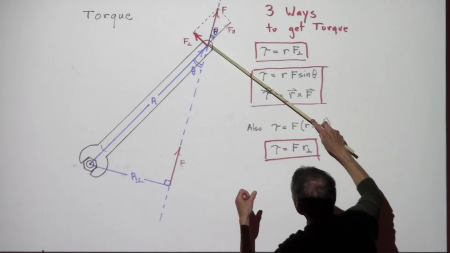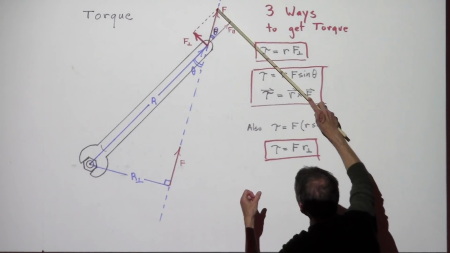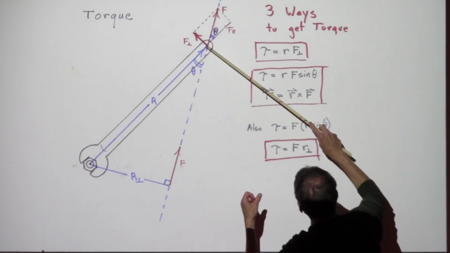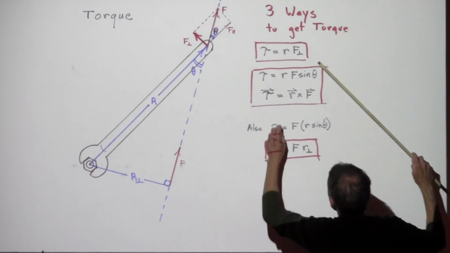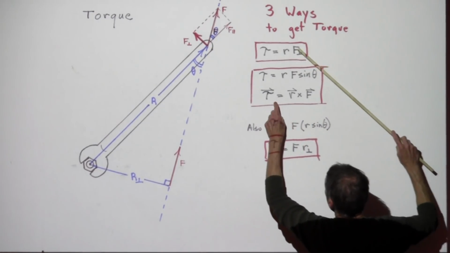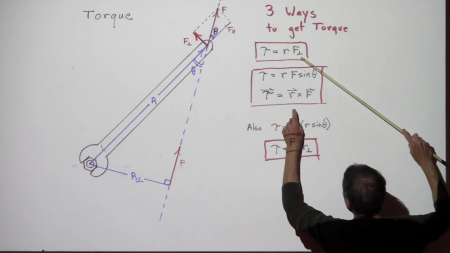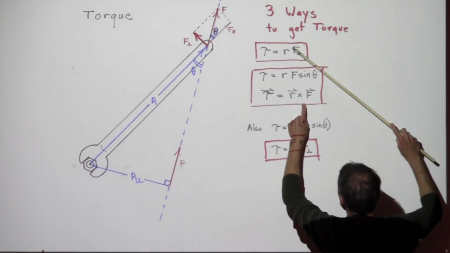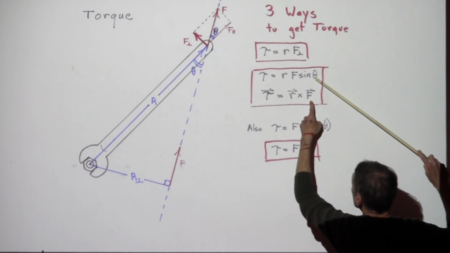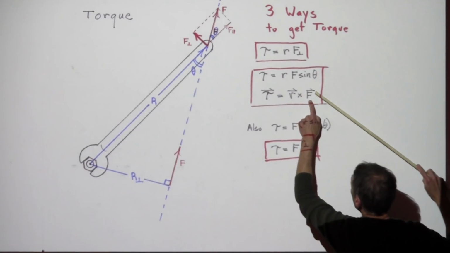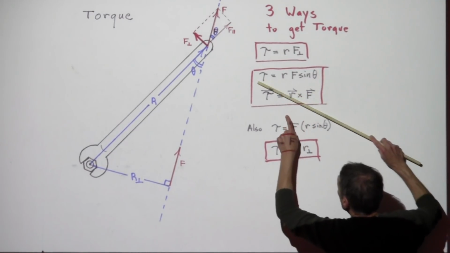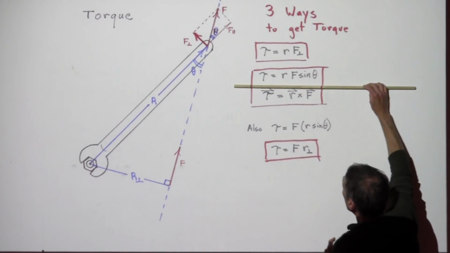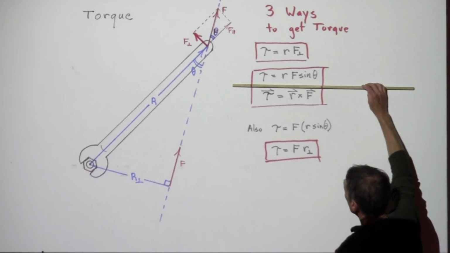F times the sine of theta would be this side, the perpendicular component. So this perpendicular component is just F times the sine of theta, and we can use this as a more general expression. Most of the problems you're going to be dealing with are this way.